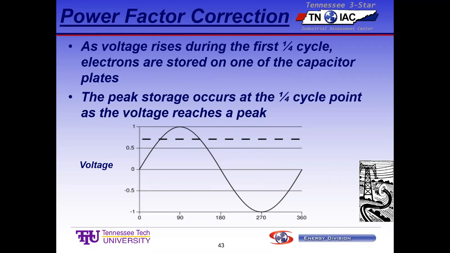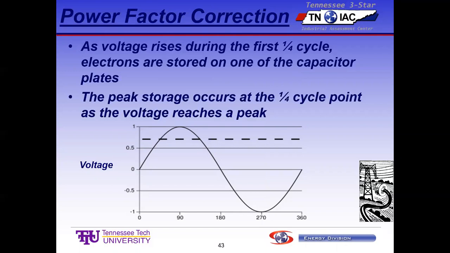The peak storage occurs at the end of that quarter cycle, and then the voltage wants to start falling. When that voltage starts falling, what happens to that capacitor? It starts discharging. It starts shoving those electrons back into the circuit. The effect of that is to hold up the voltage waveform relative to the current. So the more capacitance you put in the circuit, the more you slow down the voltage in relation to the current.